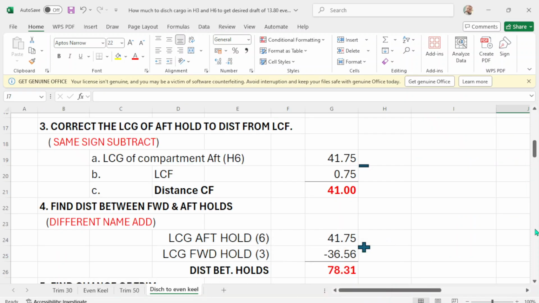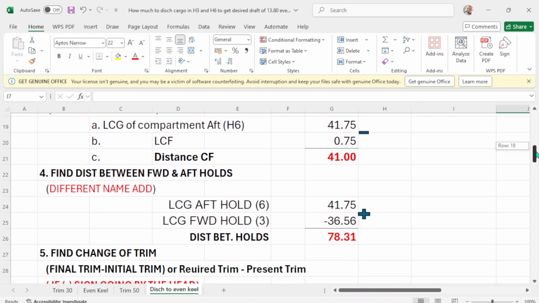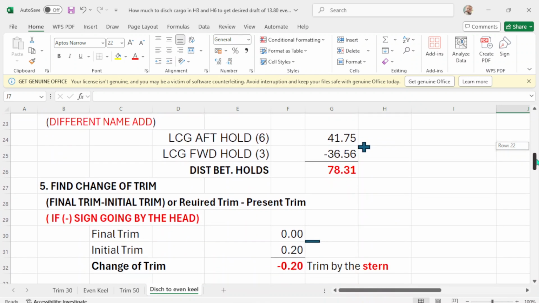Okay, then we go to number 5. Find the change of trim. The formula is final trim minus your initial trim, or required trim minus your present trim. Okay, so your final trim is 0 because you are going to have an even keel, and your initial trim is 20.